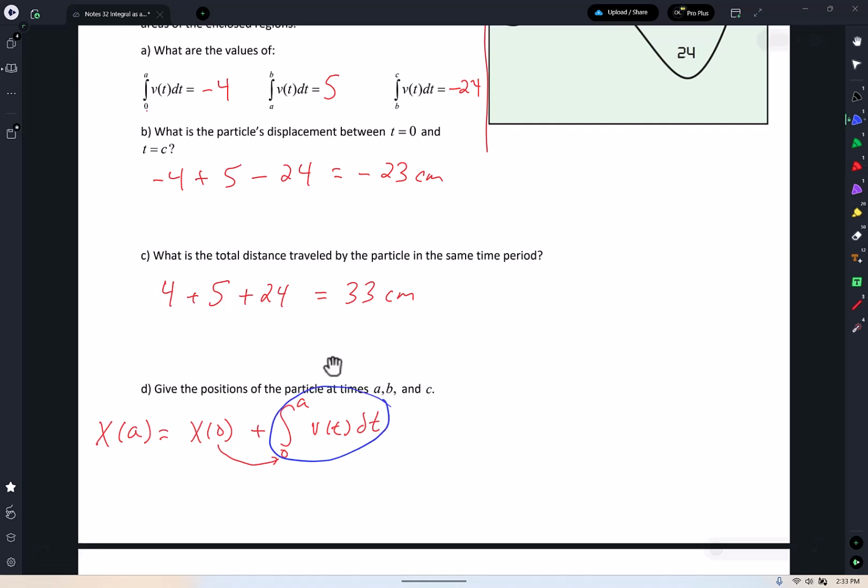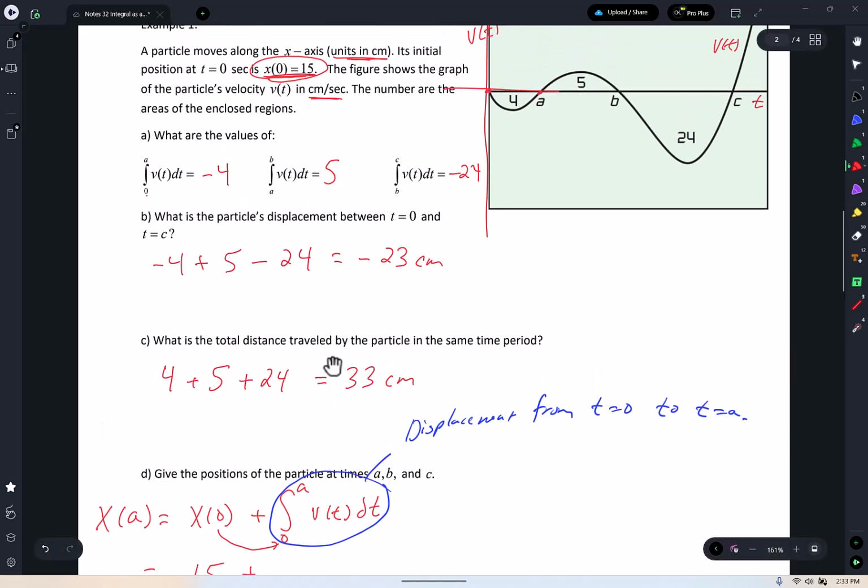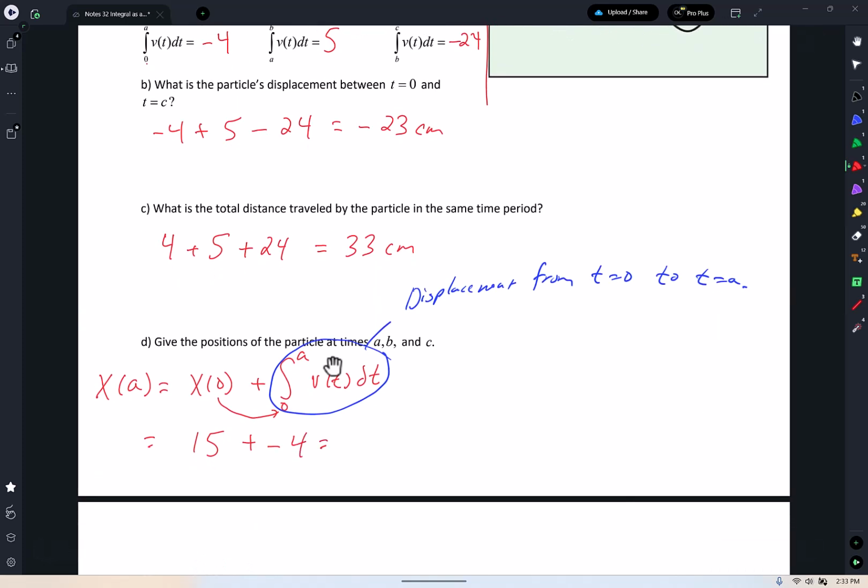This is the displacement from t equals 0 to t equals A. So when I do that, here's what I get: 15 plus a negative 4. I got 11. Don't worry, I know you're seeing like, Chav, we could just do it with that graph. Okay, but there's a reason why I'm telling you guys to do it like this for now. So x of A is 11.